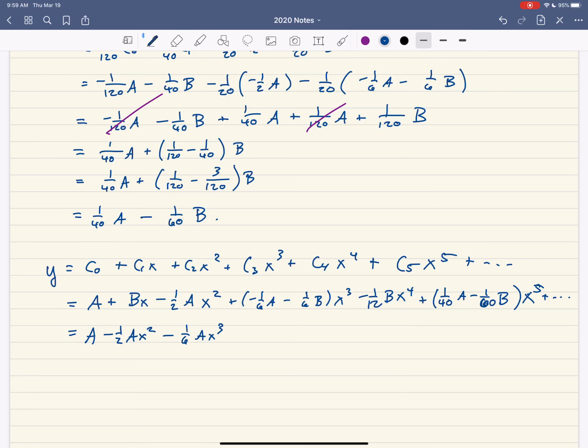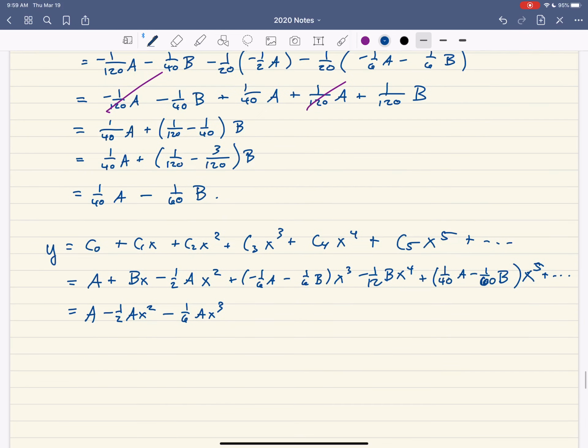There's no a in the x to the fourth term, so we're going to have plus 1/40 ax to the fifth, and so on. And for the b terms, we're going to have bx minus 1/6 bx cubed minus 1/12 bx to the fourth minus 1/60 bx to the fifth, and so on.